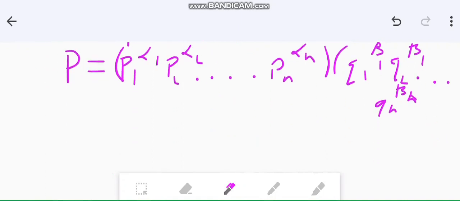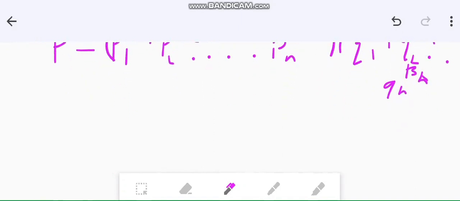Now from this you can make yourself clear that any number, if you take, it can be written as the product of primes if the number p is greater than 1, obviously. Okay, so let's move on.